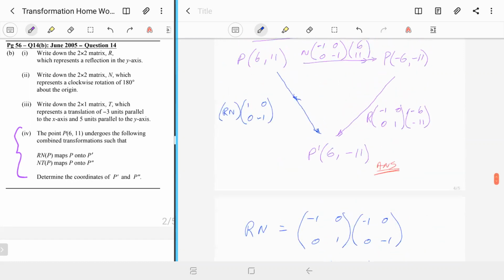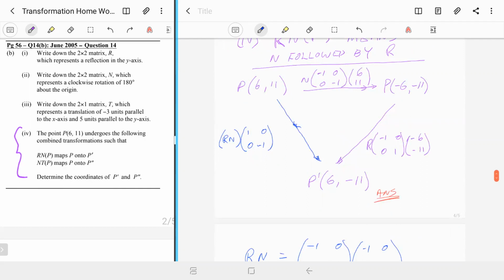That's the x-axis reflection. So instead of going around, I could have just applied the x-axis reflection to the point: 1 times 6 is 6 here, negative 1 times 11 is negative 11 here. I could have just used the fact that it is the x-axis reflection and gotten the same answer.